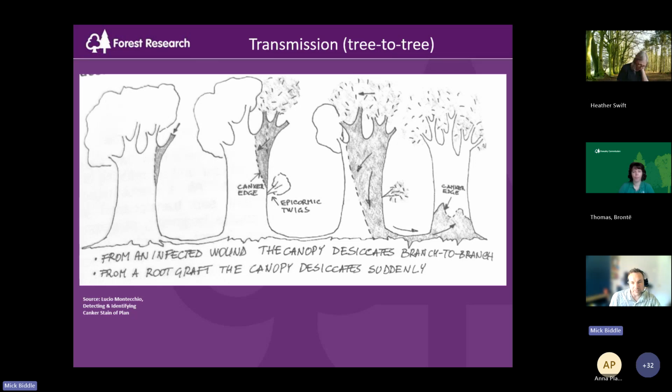So rather than an individual branch dying, you get the whole tree suddenly wilting, which is why it's got the name plane wilt.